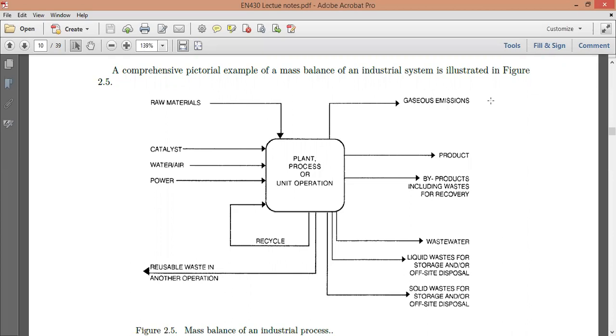The wastewater. Wastewater, yes. The product will also contain water, yes. Then the gaseous emission also. Yes, could contain vapor. The liquid waste.